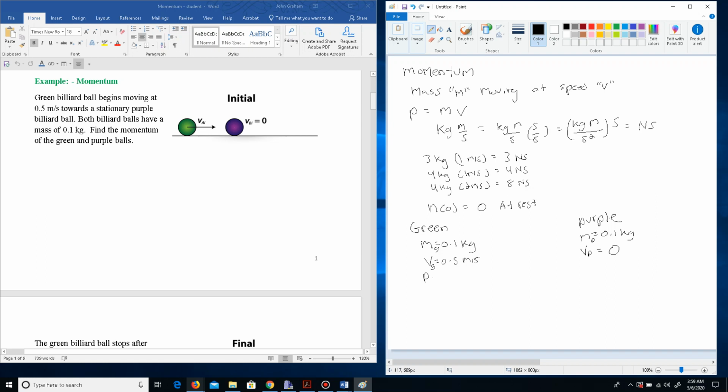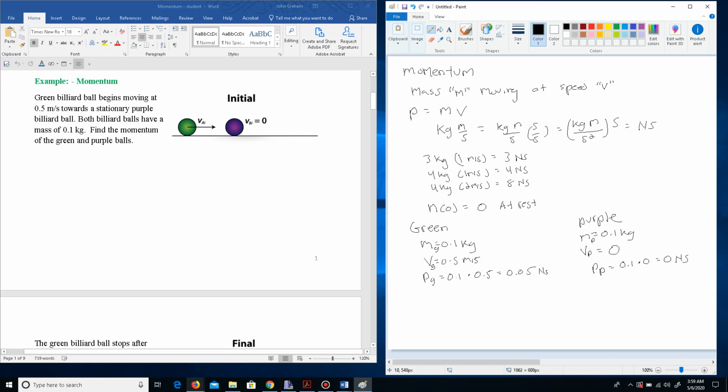So the momentum of the green one is 0.1 times 0.5, which is 0.05 Newton seconds. Momentum of the purple one is 0.1 times 0, which is 0 Newton seconds. Okay, so simple calculations, if you know the mass and the velocity of an object.